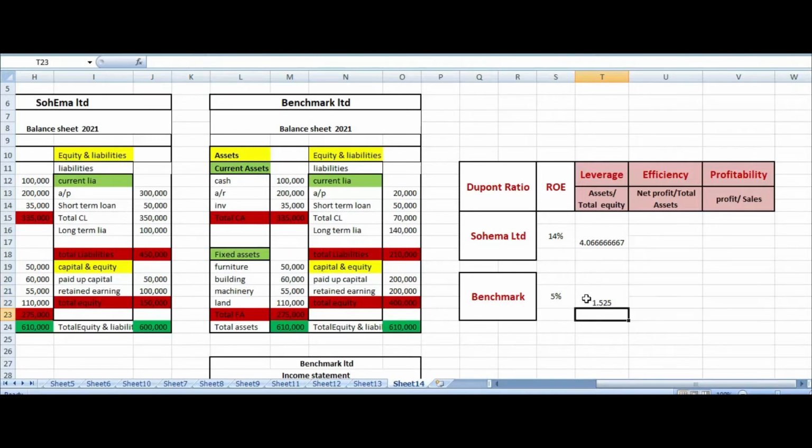The amount which is being borrowed by Soima Limited is 1.52, and the amount of money which is being borrowed by benchmark is 1.52, and the amount of money which is being borrowed by Soima Limited is 4.06.